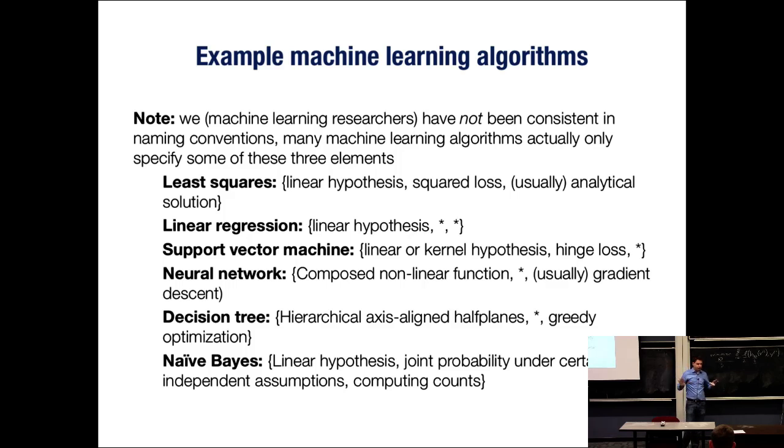Again, don't worry about this. We're going to talk about this all a lot more. I'm just trying to preview what we're going to see going forward. And we can actually use a bunch of different losses potentially. Those lead to different splitting rules for how you choose how to split the tree. And we typically always use greedy optimization because you can't do anything else really for decision trees. That's really the only option you have.